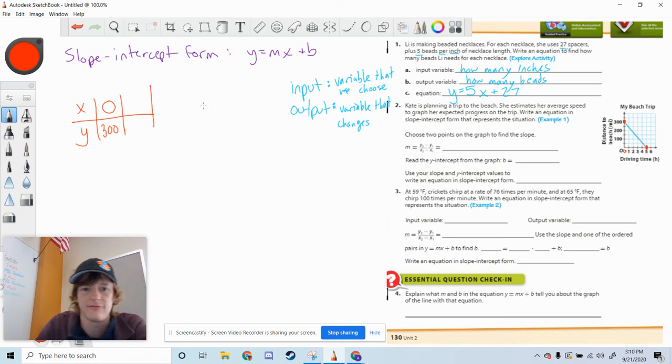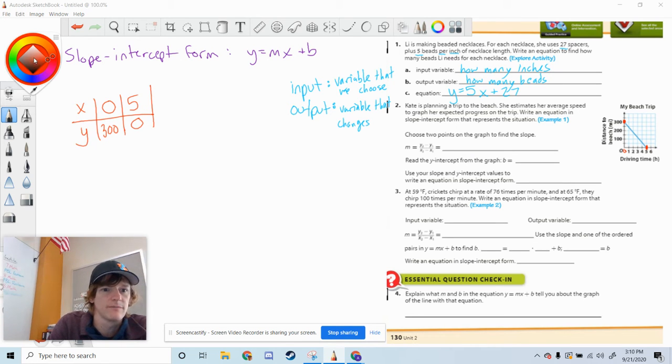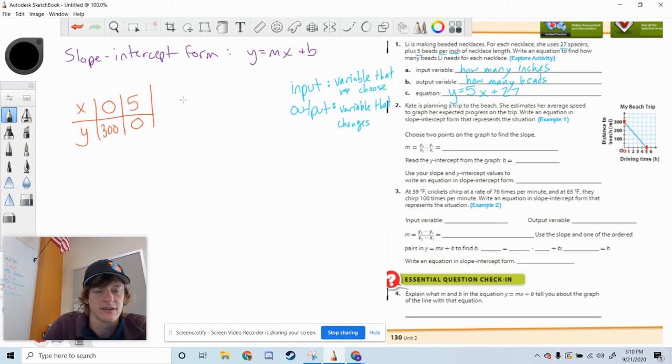And then at 5, y is 0. So we're going to use this table, and m is the change in y over the change in x. So the change in y, we're going down 300. Our change in x is we're going over by 5.